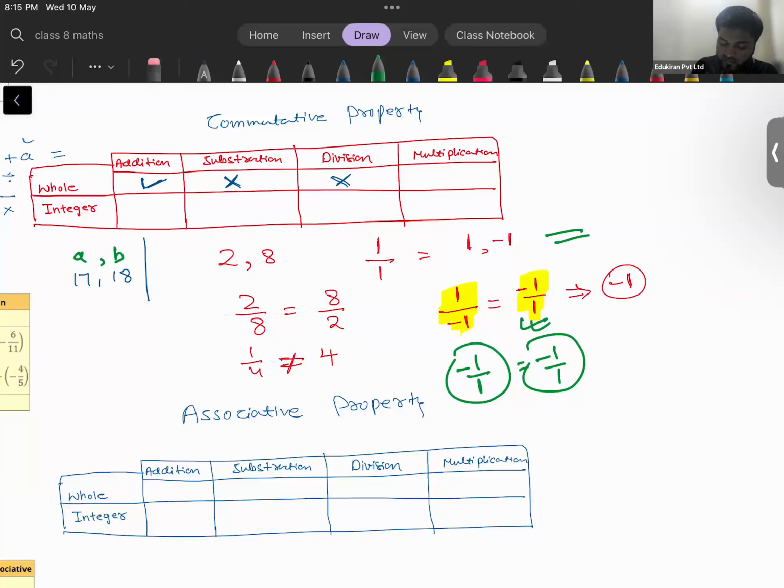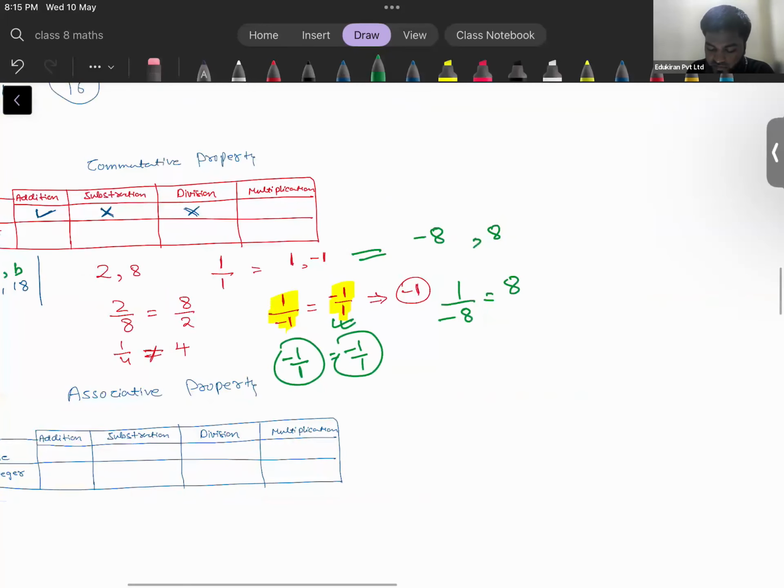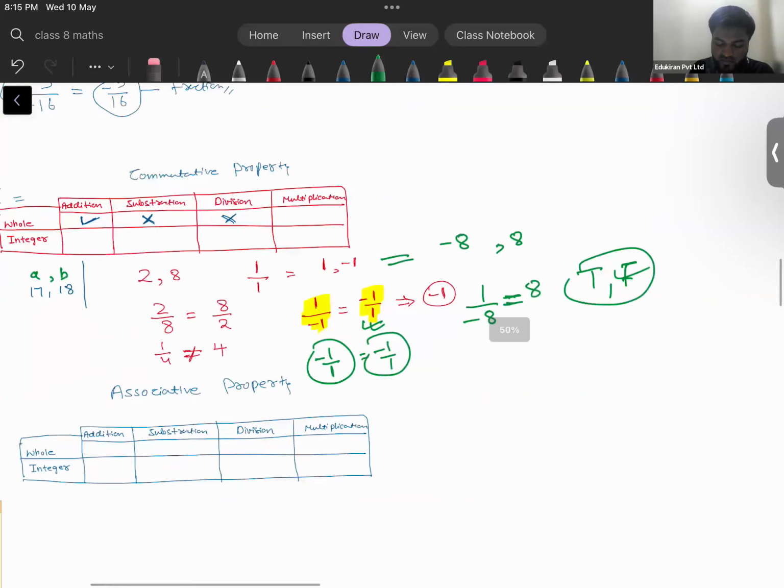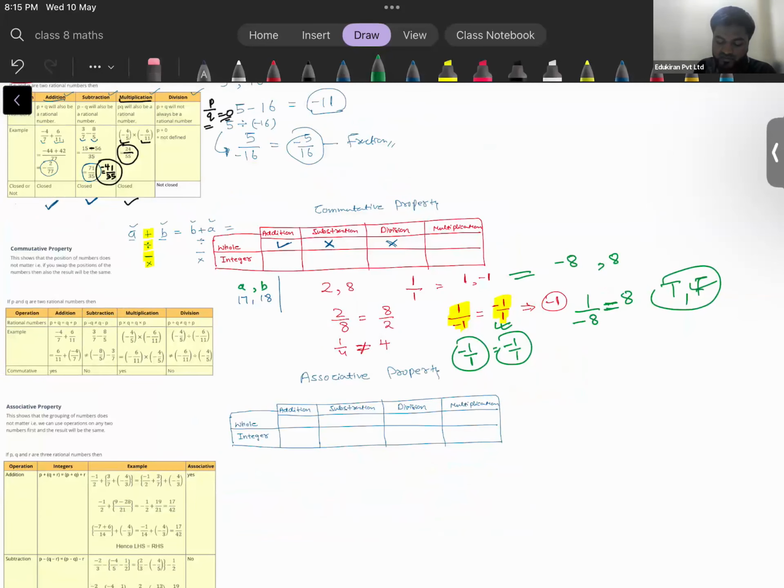Yes. Again, if you take any other number apart from 1, if you take minus 8 or 8, so 1 upon minus 8 and then 8. Now, in this case, are the two values the same? Is it true or false? False. So for 1 only, you will find that division is commutative for whole numbers.